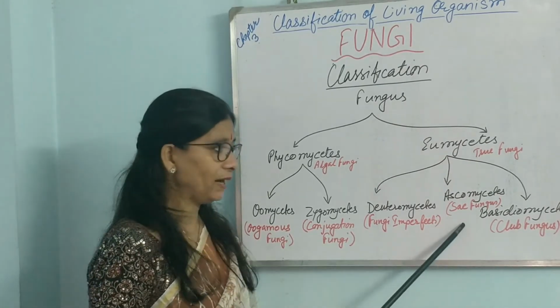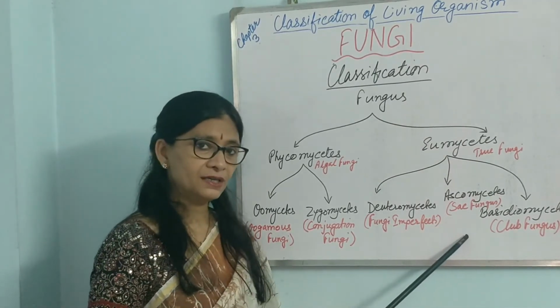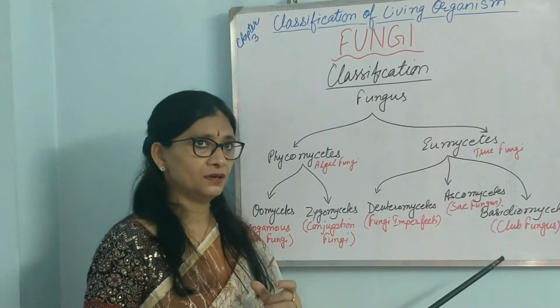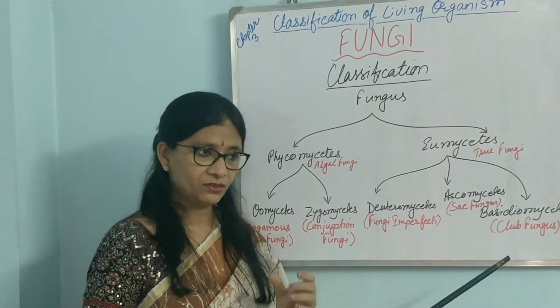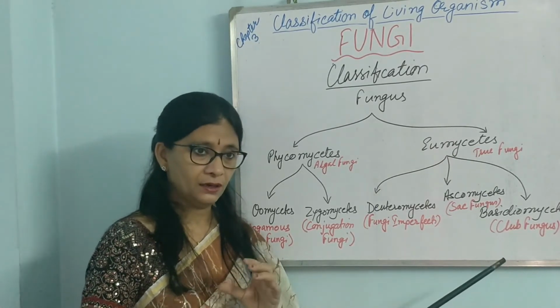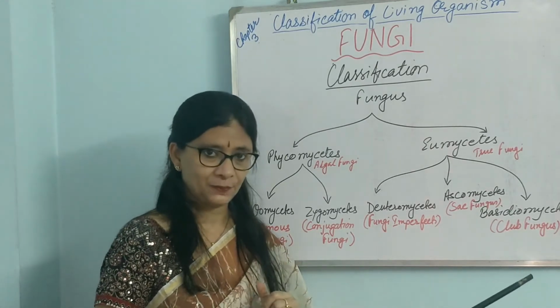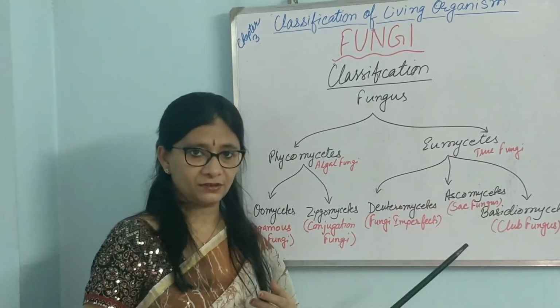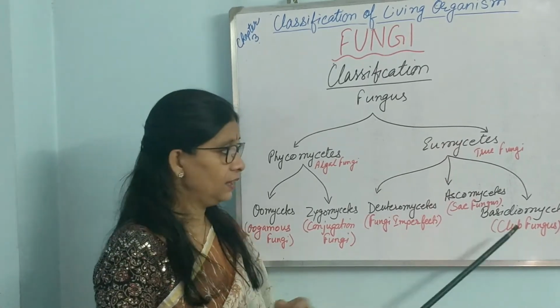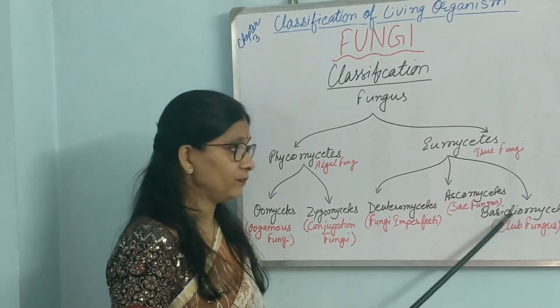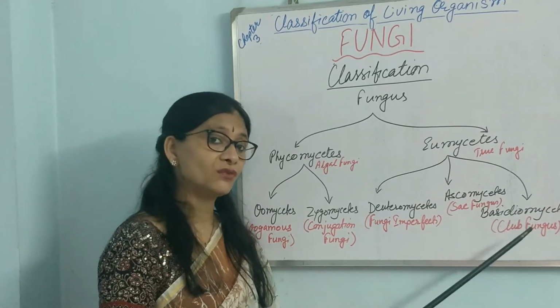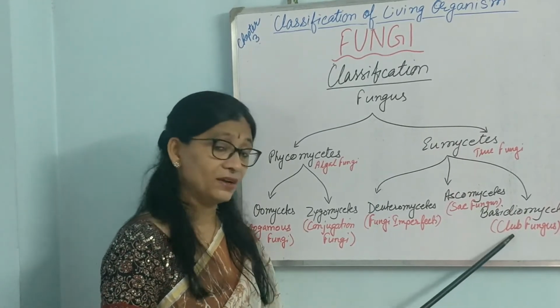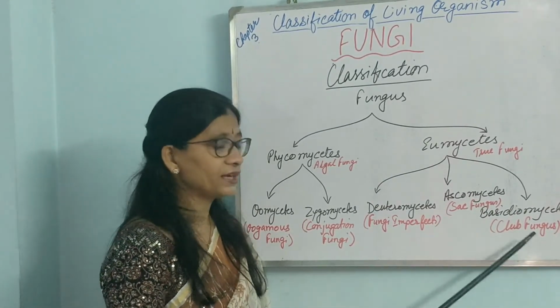Then we have Ascomycetes, which is known as sac fungus because it has a sac-like body which contains spores. This is known as ascus, and from the ascus the name Ascomycetes has come. Then the last group of fungus, Basidiomycetes, is the most advanced of all fungus, and it is known as club fungus.